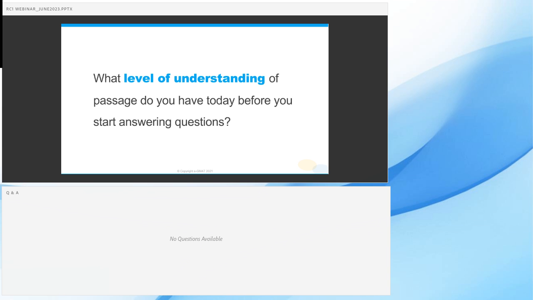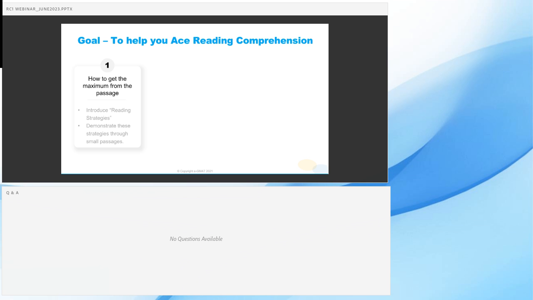So we'll do that, and you'll see your ability to comprehend and extract information go up as well. As I said, the first thing is to improve your level of understanding. One of the metrics I have is that I want each one of you to be able to extract twice as much from the passage as you're doing today, and that's going to be possible using reading strategies.